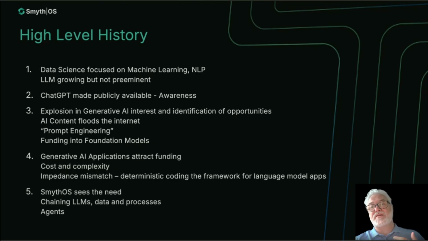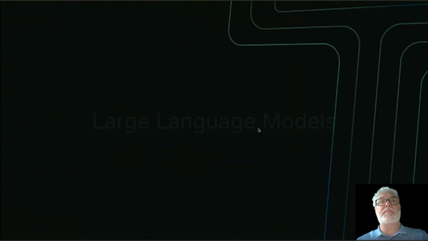SmythOS saw this mismatch and this need, and started building out something that's very, very different, something that can chain LLMs very easily, can integrate with data and processes, and brought forward a real honest-to-God implementation of AI agents. And we will actually be building some of those. And so I just wanted to give a good history before we jump in here.